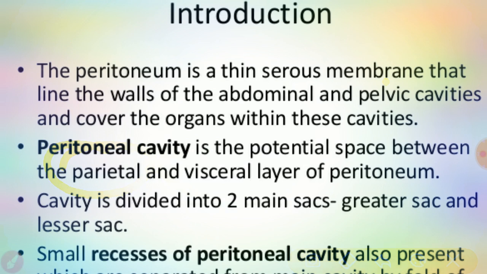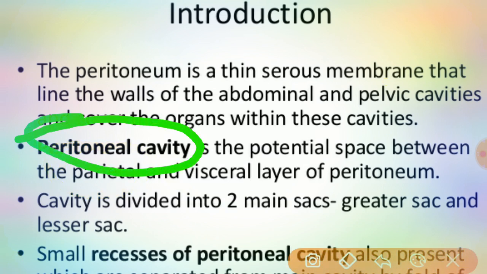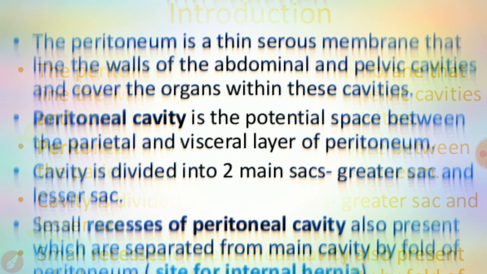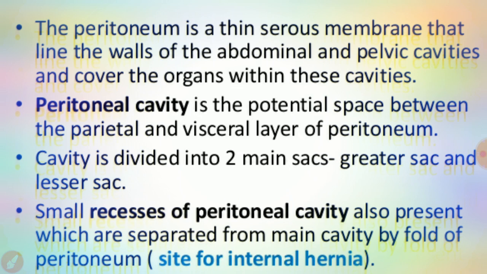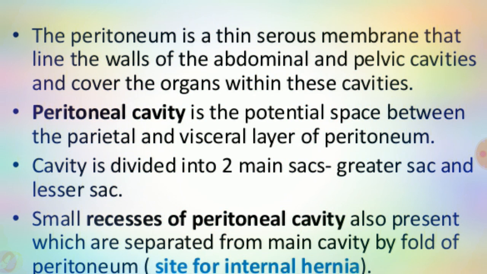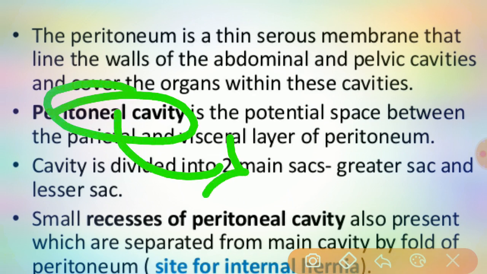Then this peritoneal cavity is divided into two main sacs. The first one is the greater sac and the second one is the lesser sac. The small recesses of the peritoneal cavity are also present, separated from the main cavity by folds of the peritoneum.